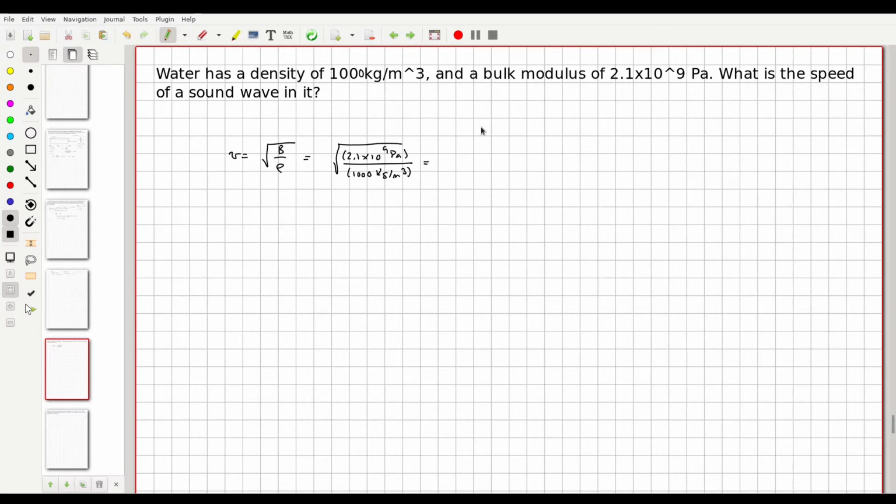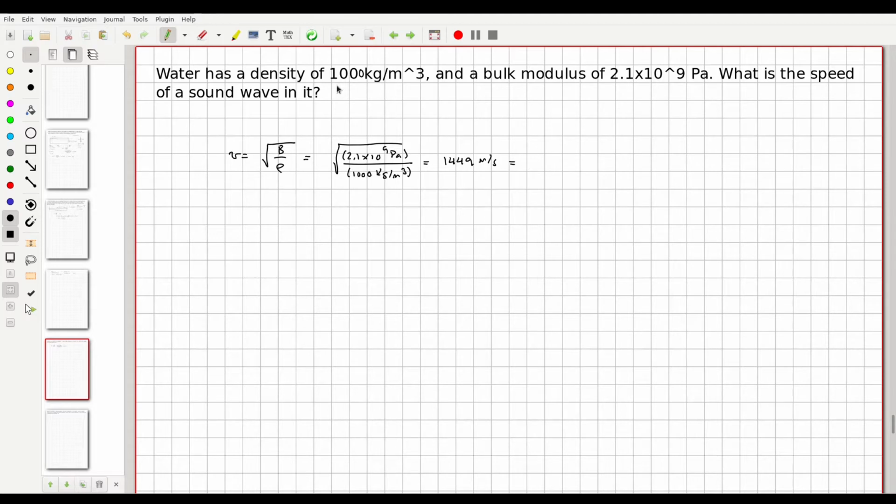Okay, so if you plug this into your calculator, times 10 to the ninth divided by 1,000, I get 1,449 meters per second, or keeping to sig figs, and this 1,000 is actually sort of an exact number.